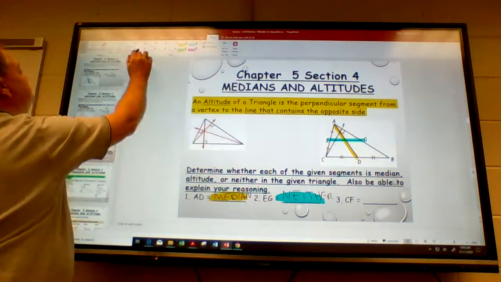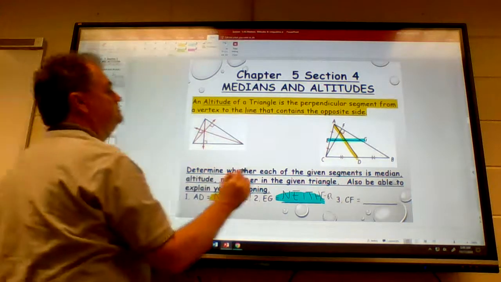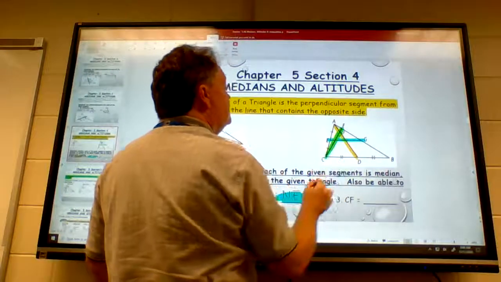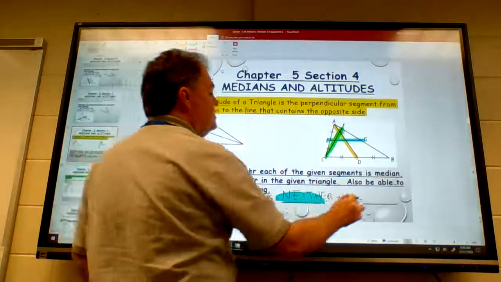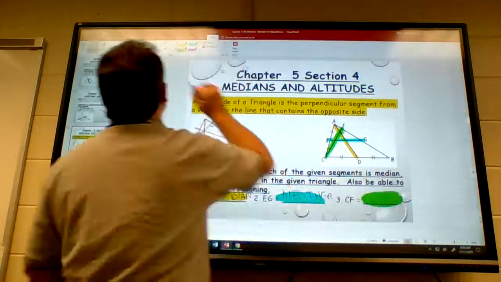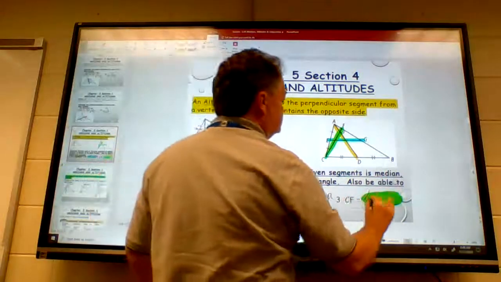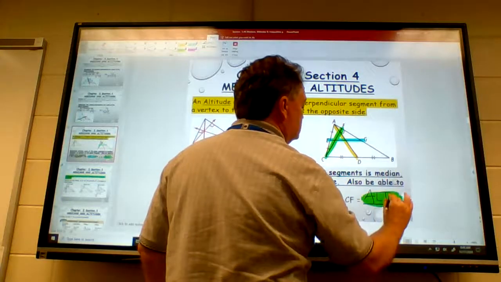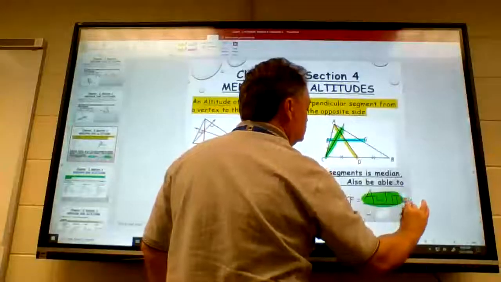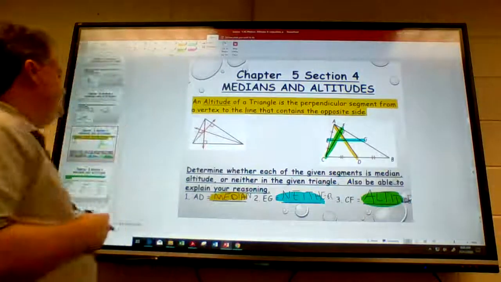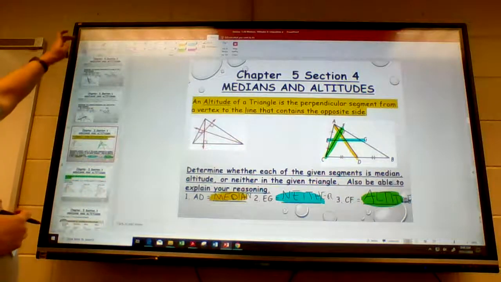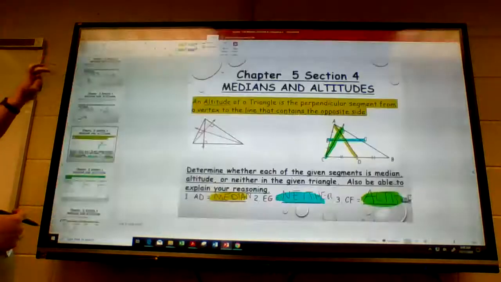And then finally, CF. CF connects from a vertex to a perpendicular opposite side. It's an altitude. All right, now we got that.